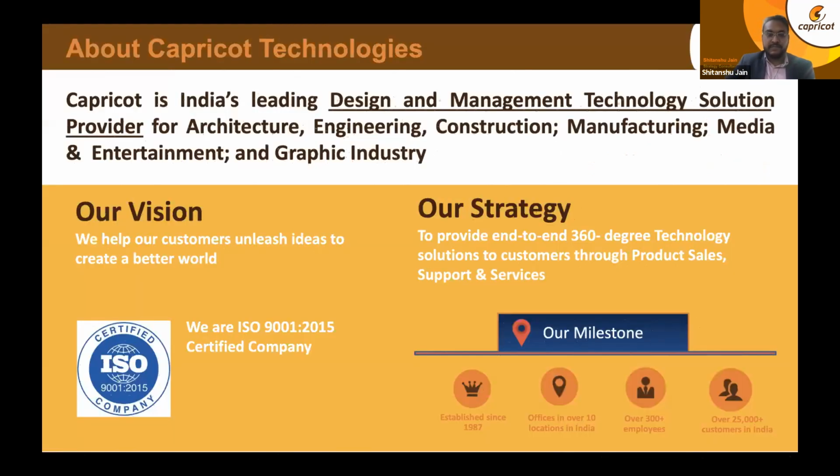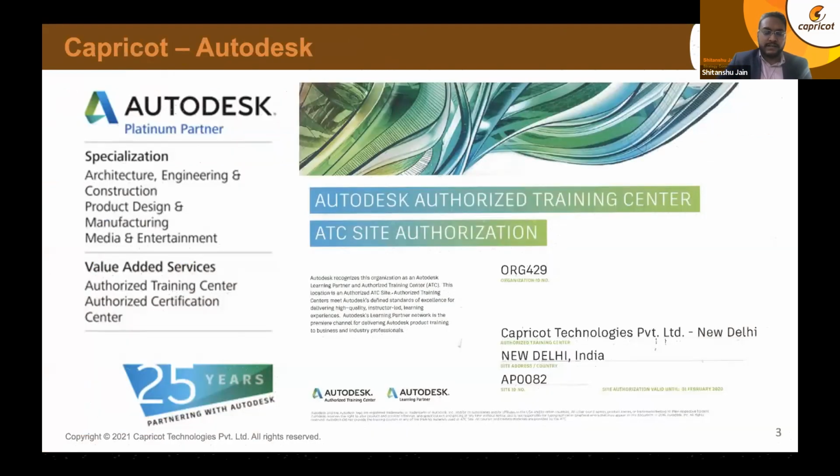So just a little snippet about Capricorn. We are one of the leading design and construction management technology solution providers for the industry. We have been here for more than 30 years with our focused team around technology for the construction industry. We are an Autodesk Platinum partner with an authorized training center.